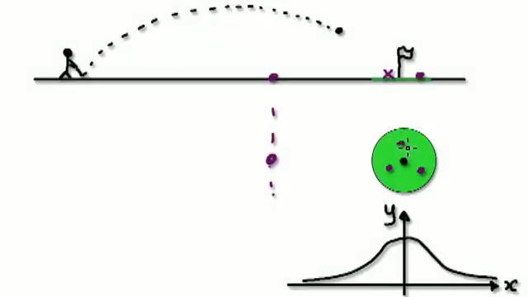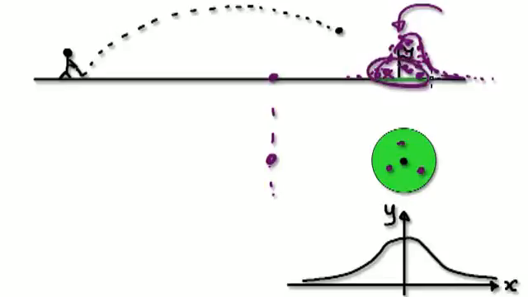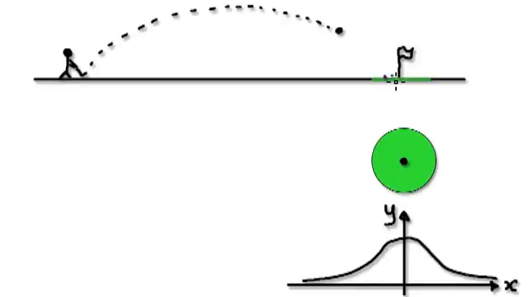But the thing is, if you keep on hitting it, because you're aiming at a specific target, after a while you build up a bell-shaped curve. Because you're aiming at a certain target, you're more likely to land around your target as opposed to around here.